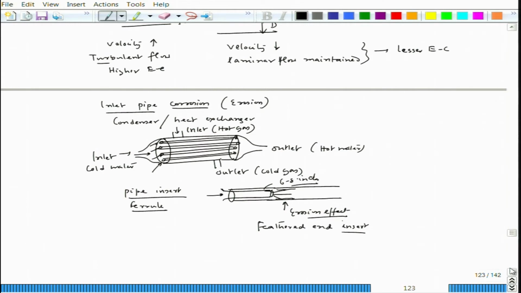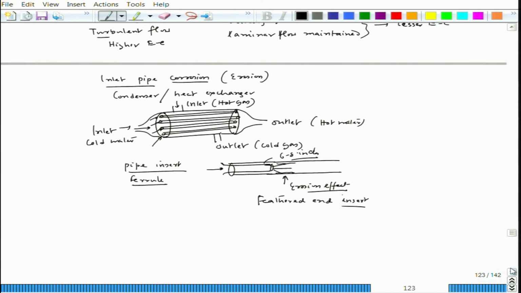Okay. Now, this is a design part, there could be a possibility of deaeration or addition of inhibitor, fine.